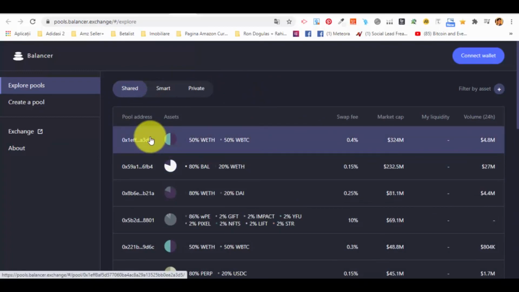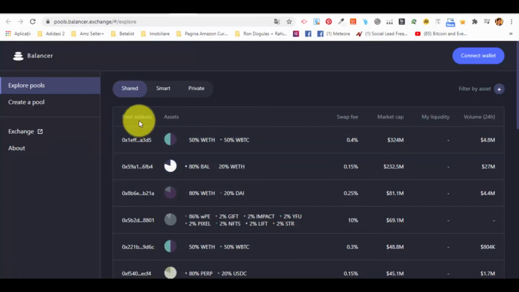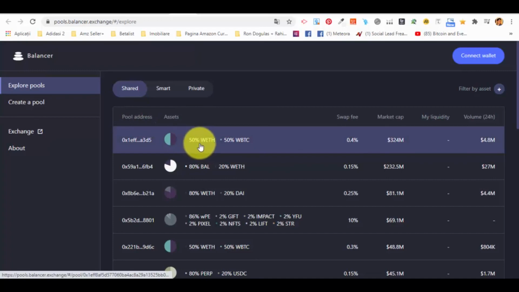This is some kind of yield farming which you have seen before, and you can earn these swap fees. People put their resources together in these pools, for example, they make exchanges between these two tokens, right? And the swap fee is 0.4%, so that's what you earn.